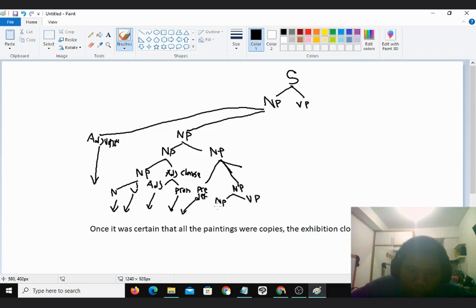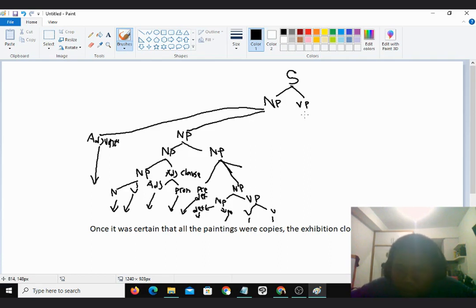This noun phrase will be focusing here: "the" will be the determiner, and another one will be the noun, focusing on "paintings". And the second verb phrase is just the double verb, "were" and "copies". So most of the part I'm going to split like this, and then the left part of the verb phrase will be like this.